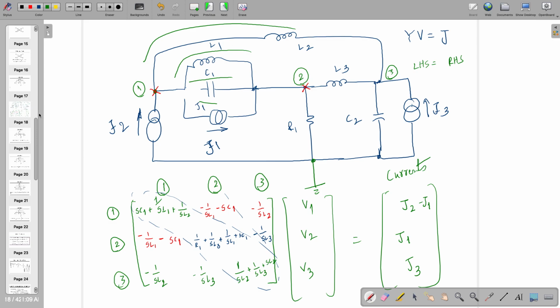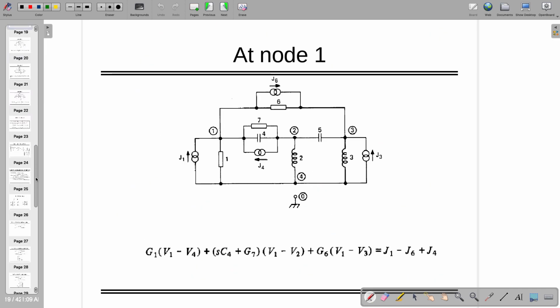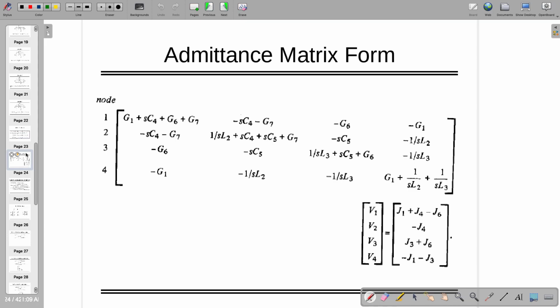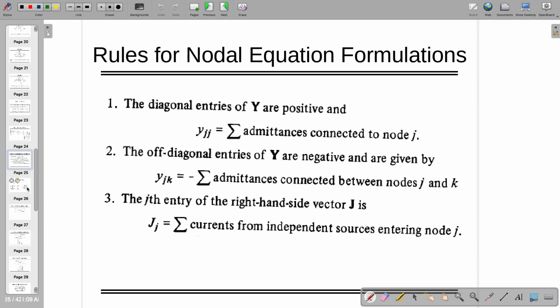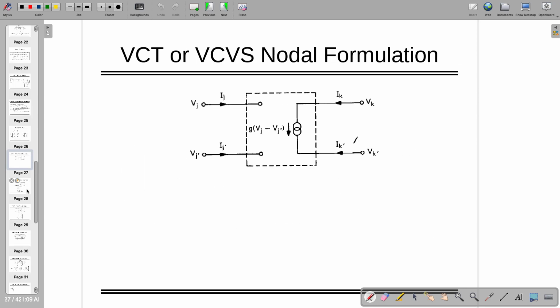You solved such equations using Cramer's rule. We will revisit it, but we are not breaking the learning path, which says that we should complete the admittance matrix also.